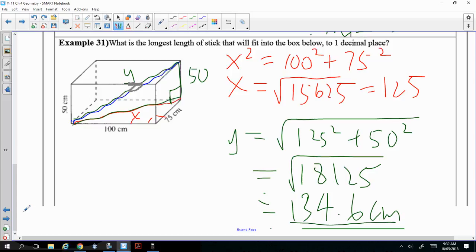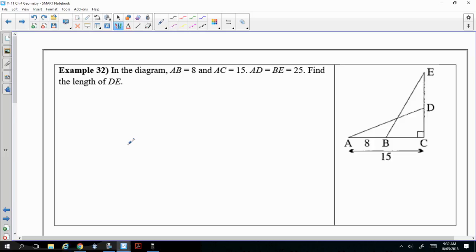Okay, next page, page 32. All right, we're going to find the length of DE. There are 2 triangles, so let's look at which 2 triangles they are.